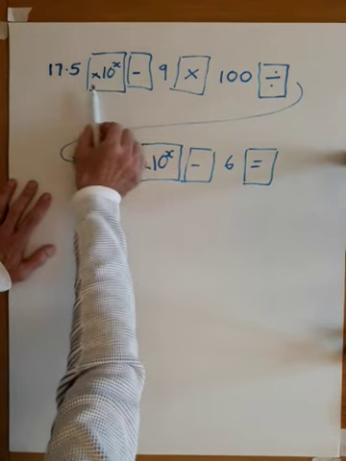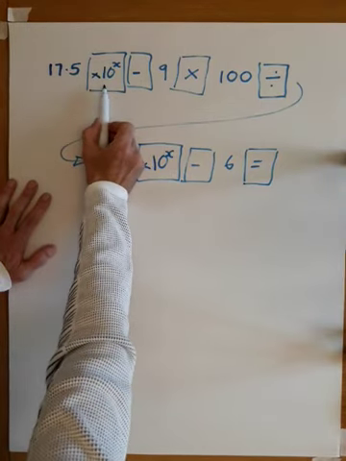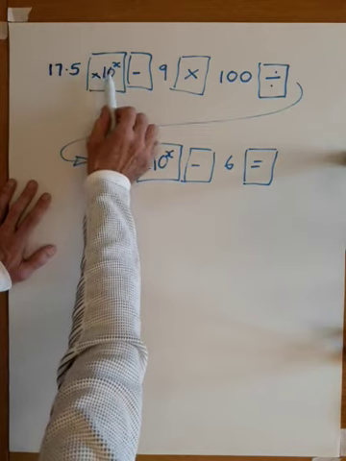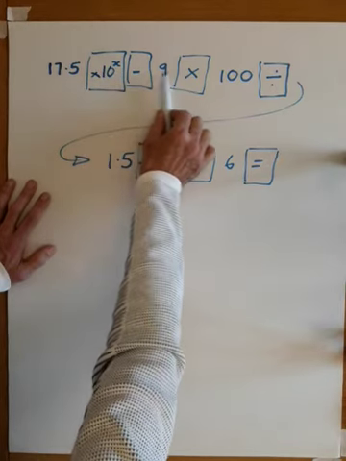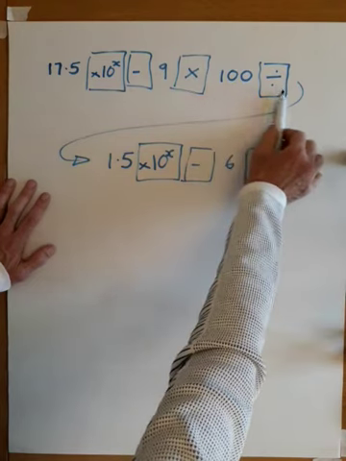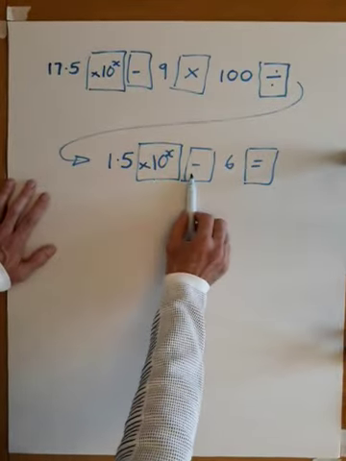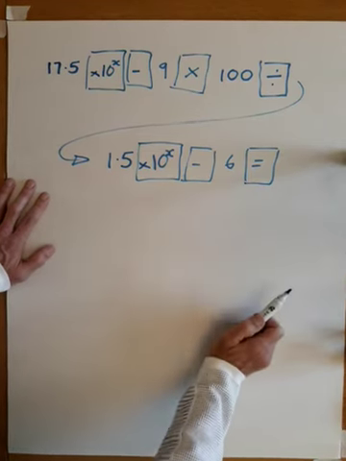So look very carefully, this is in the bottom middle of your calculator display, and then you just do times 10 to the minus 9 times 100, divide 1.5 times 10 to the minus 6 equals.